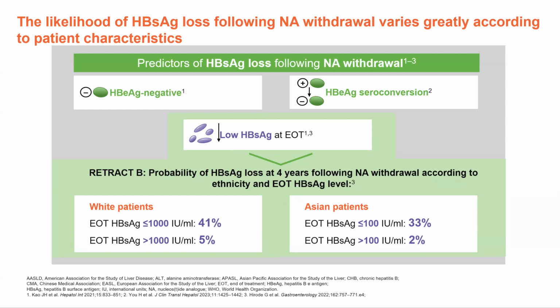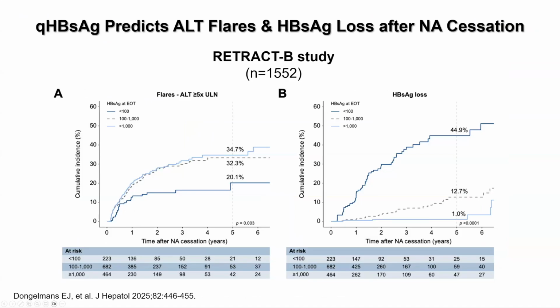Under 100 gave 33% versus 2% with above 100. Again, in over 1,500 patients, quantitative S antigen at the time of stopping the treatment predicts both the good outcome, HBs antigen loss, and the flare we worry about.